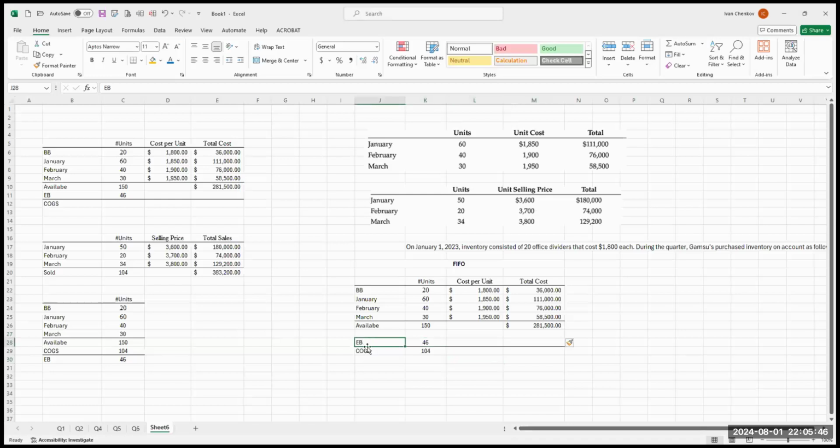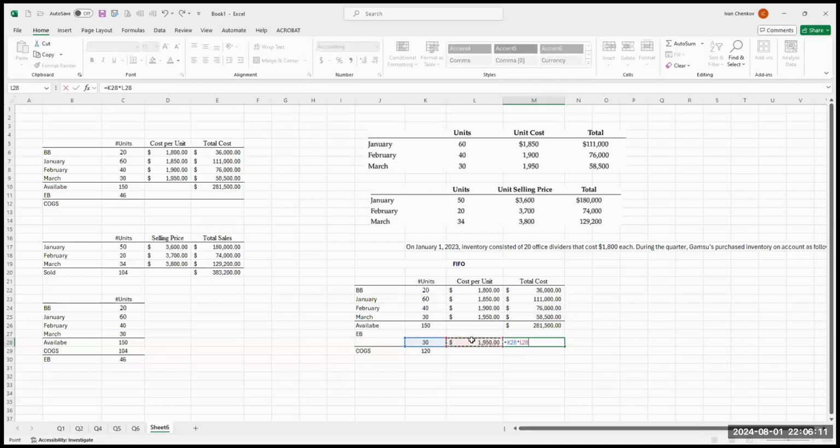46 units, obviously, they're coming from my last purchases. My very last purchase is 30 units at $1,950 per unit. I definitely have those 30 units. What else do I have? That's going to give me a total cost of 58,500.